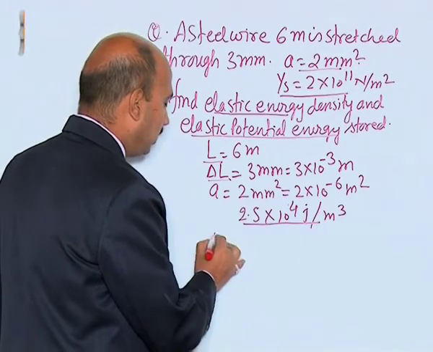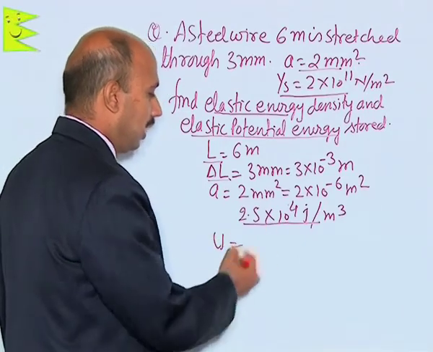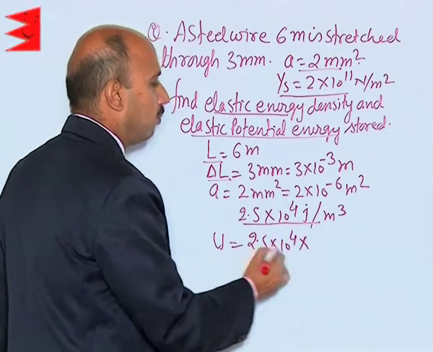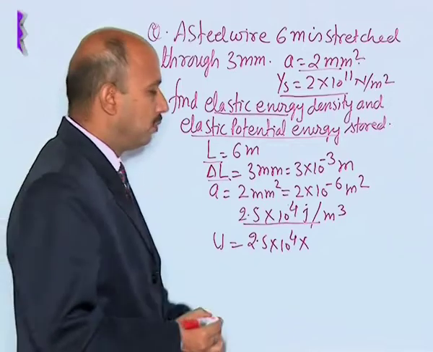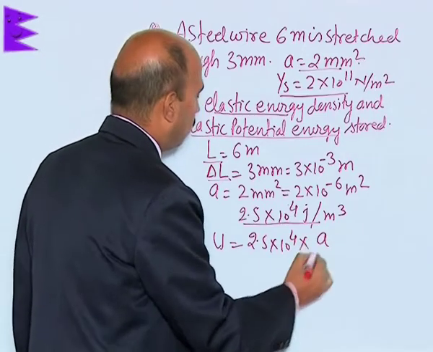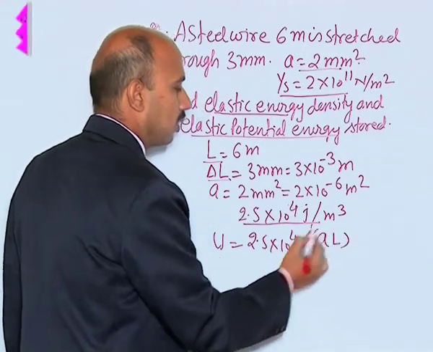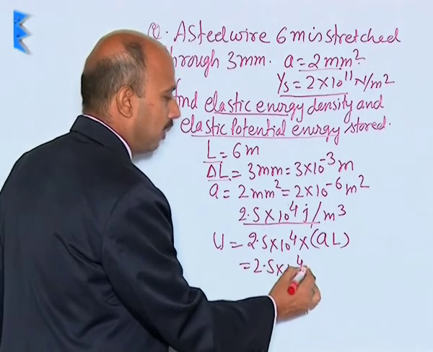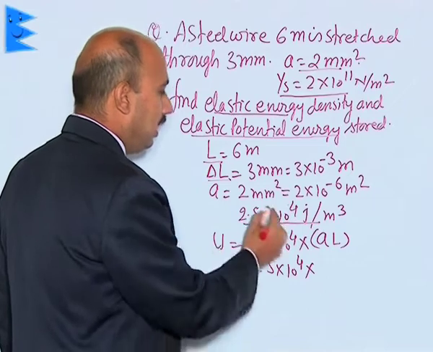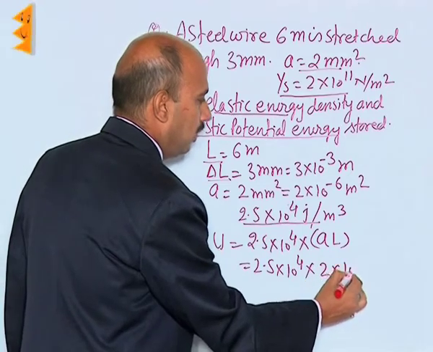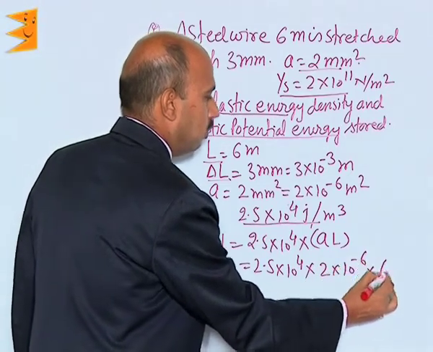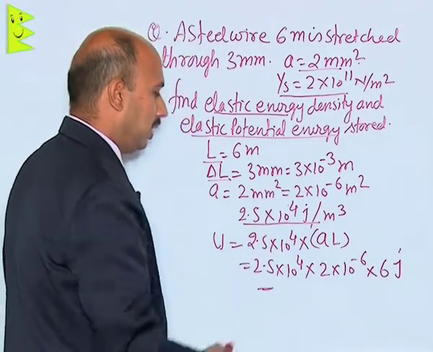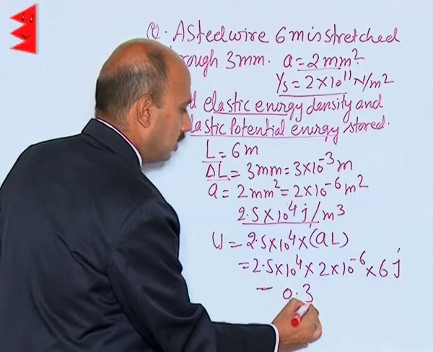So, the total energy, that is U, is equal to 2.5 into 10 raised to power 4 multiplied by volume of the wire, that is A into L. So, see here, 2.5 into 10 raised to power 4 into A, which is given to you, 2 into 10 raised to power minus 6, into L, that is 6, that is joule here, and it will come to 0.3 joule.